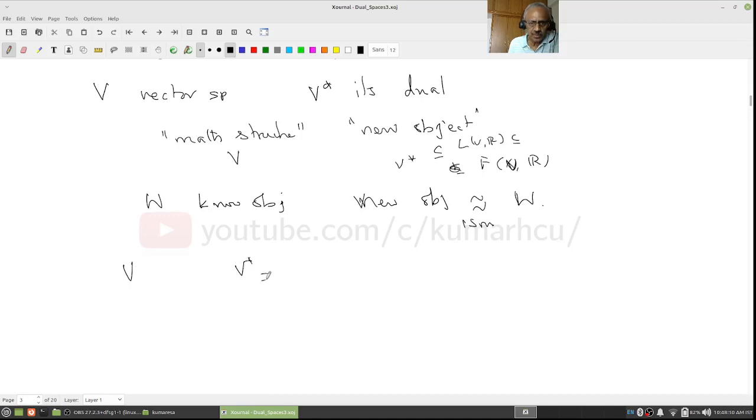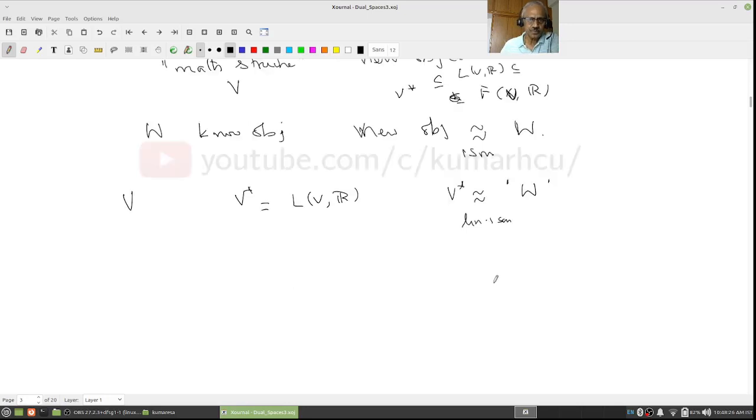This is the set of all linear functions from V to R. What I want to do is, can I find a space W so that V star is isomorphic to W? This is a linear isomorphism. Okay, then I will think of V star only as W.